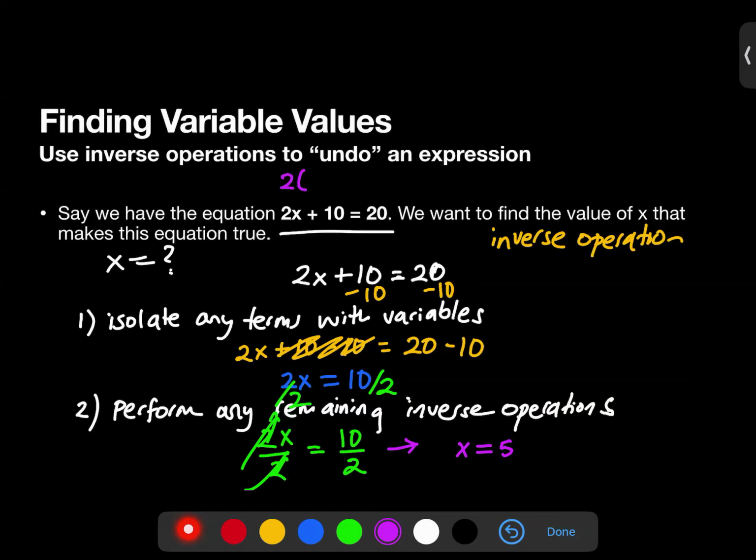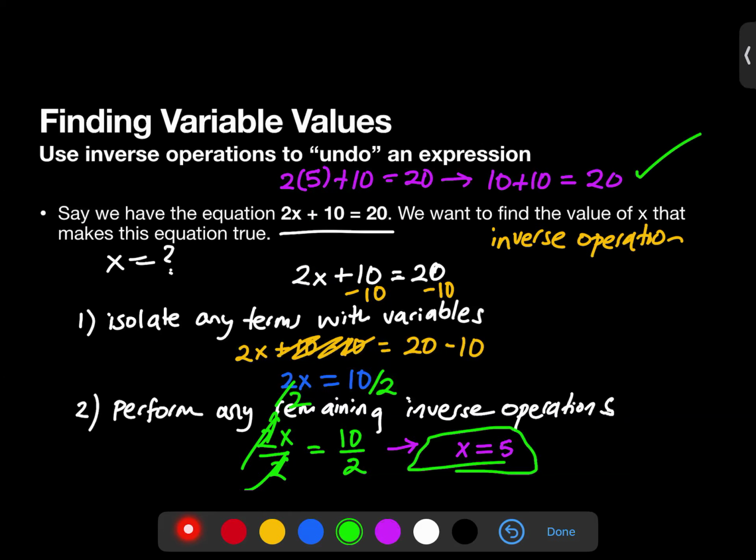We'll do 2 times 5 plus 10 equals 20. And we'll say 2 times 5 is 10, plus 10 does in fact equal 20. So our work was correct. So eventually x equals 5.